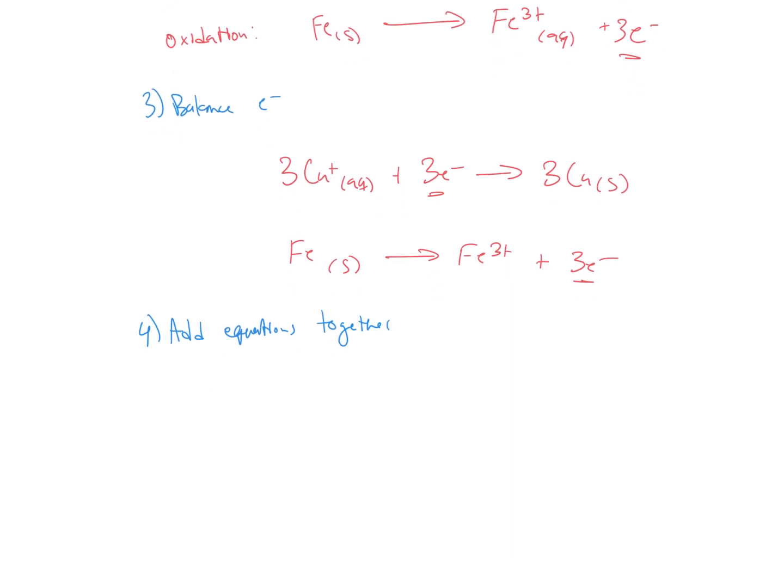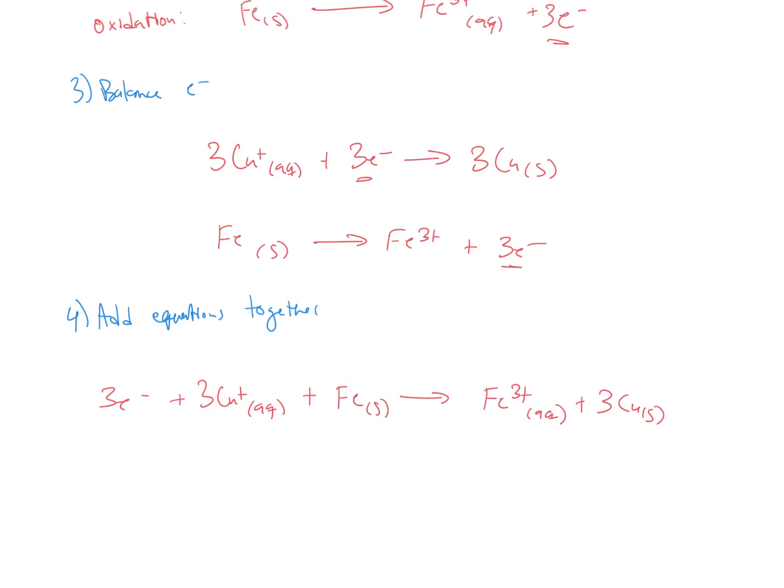And so what we'll have is 3 Cu+ plus Fe solid will react to make Fe3+ aqueous plus 3 Cu solid. We've got to also remember that since we're adding them together, we should have 3 electrons on this side, and we have 3 electrons on this side. But of course, since the electrons show up on either side, we can cancel those out.